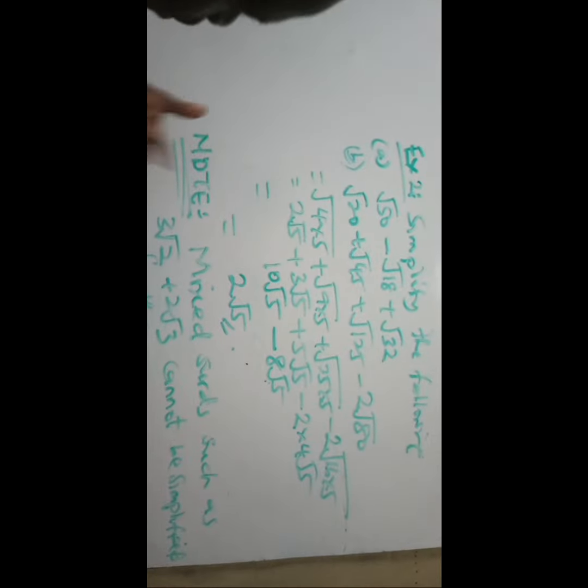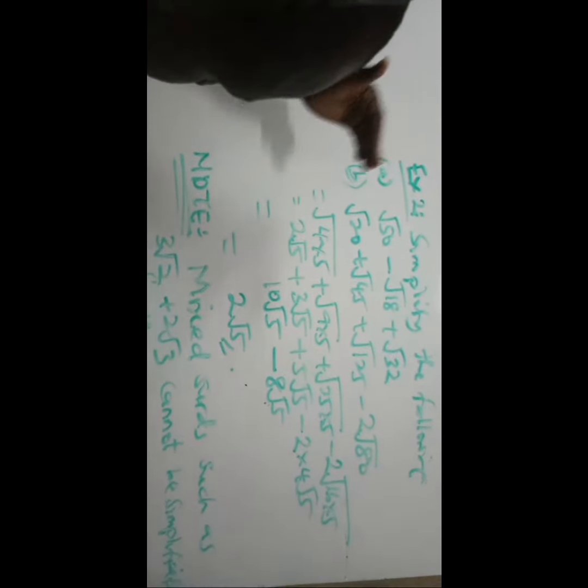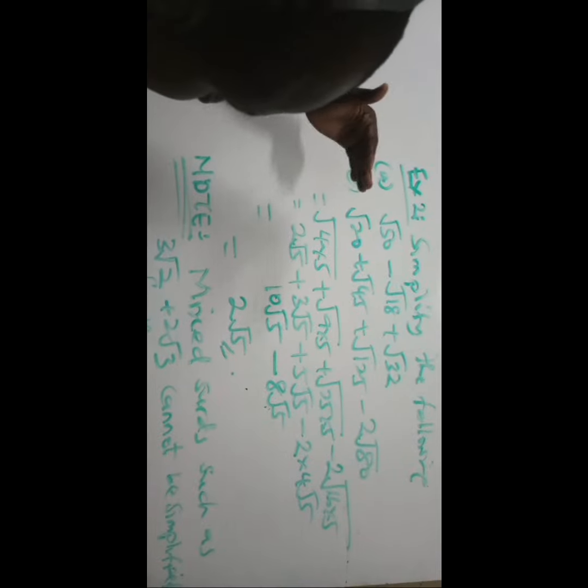What do I mean by that? Look at this now. In the first one, we have square root of 2. In the second one, we have square root of 3. They are not similar. So let's say we are given a particular problem, either in algebra or trig, and you are trying to solve the problem, and you arrive at something like this. This is how you are going to leave your final answer, because they are not similar.